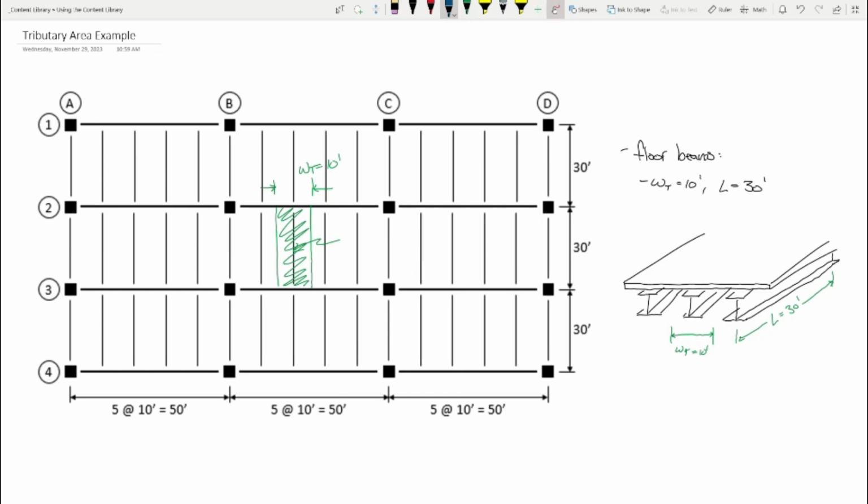If we're talking about this beam here in the middle, this beam is responsible for all of this. That's what that beam is responsible for. All of the tributary load, all of the load that falls on the tributary area, because anything on the left or the right is going to be picked up by the beams on the side. Make sense? Okay.